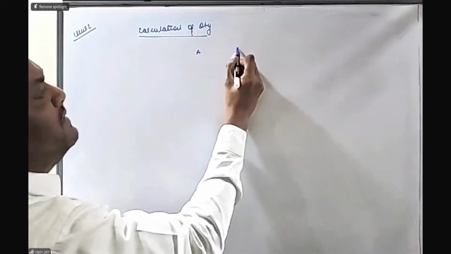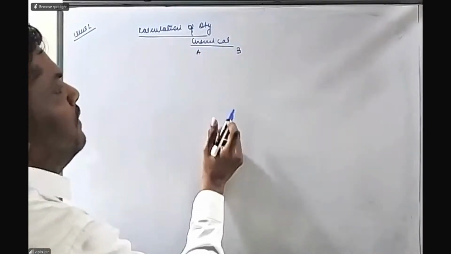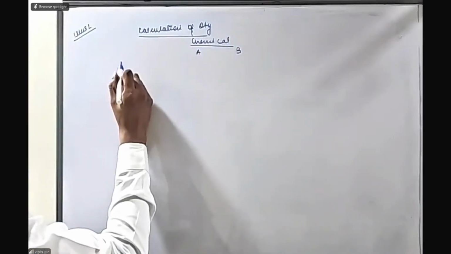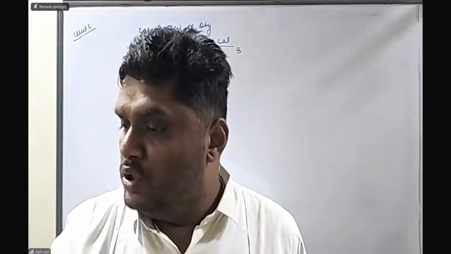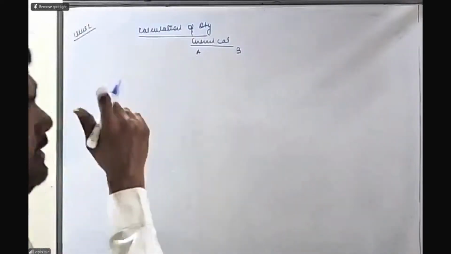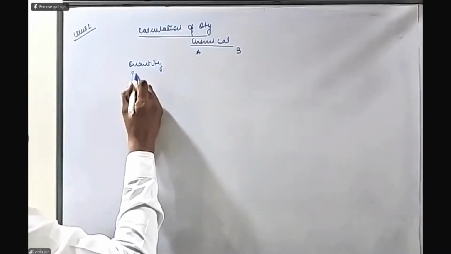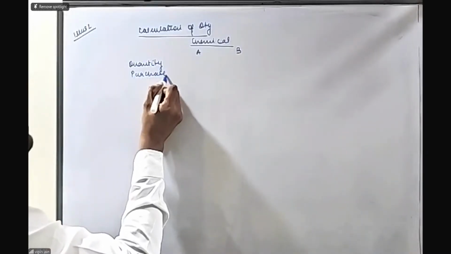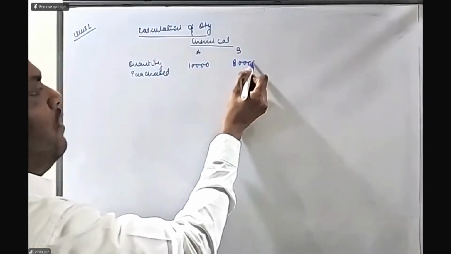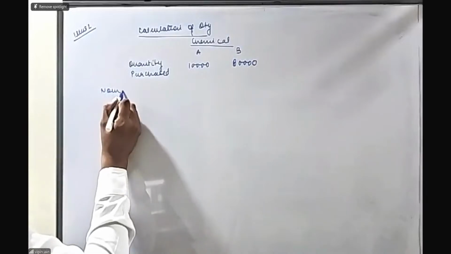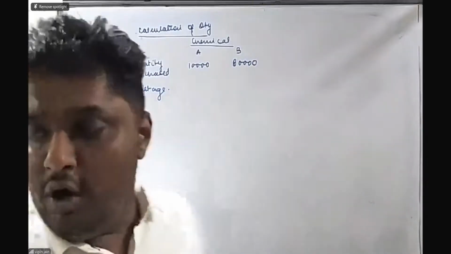There are two chemicals A and B. The quantity purchased is 10,000 and 8,000 kgs, of which there is a normal shortage.